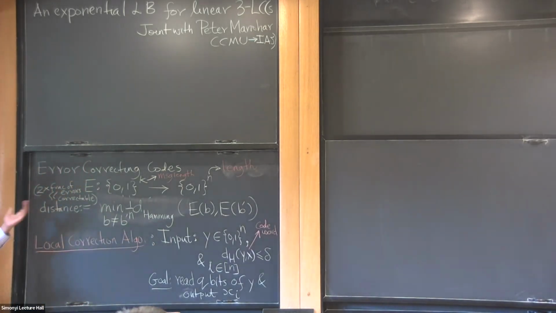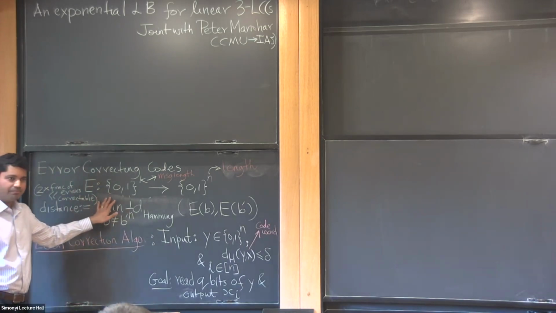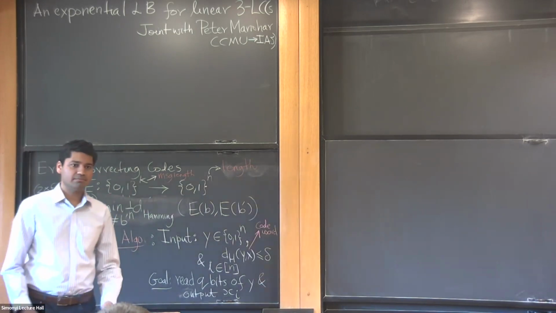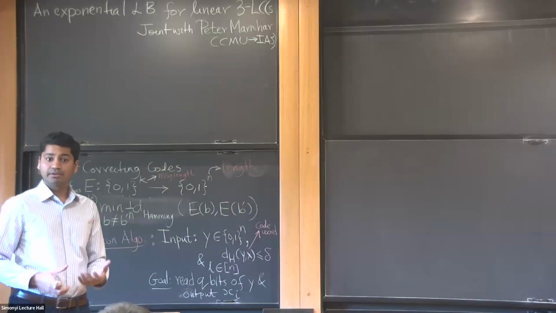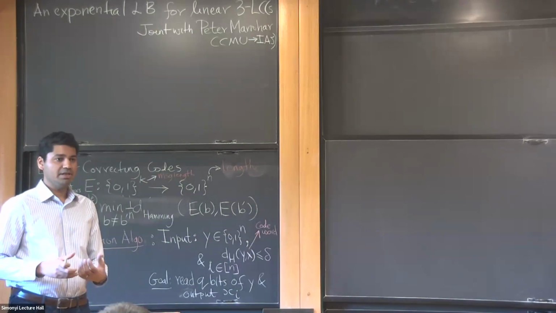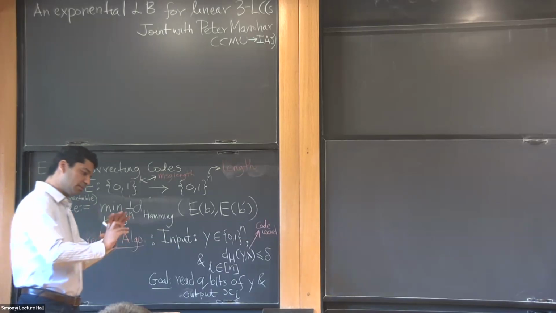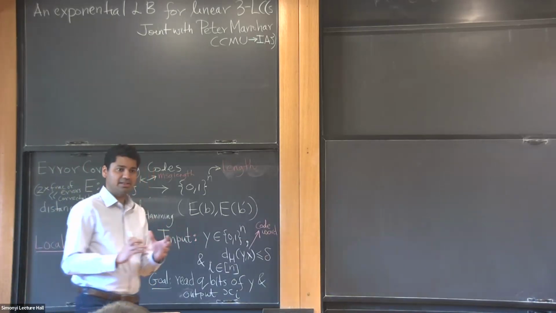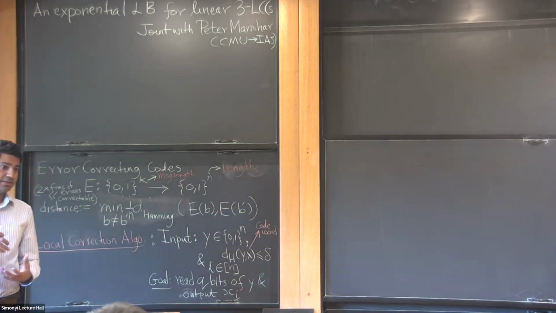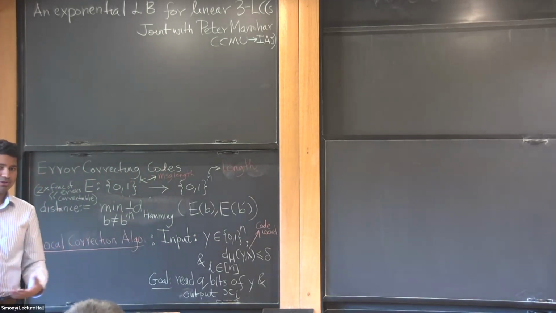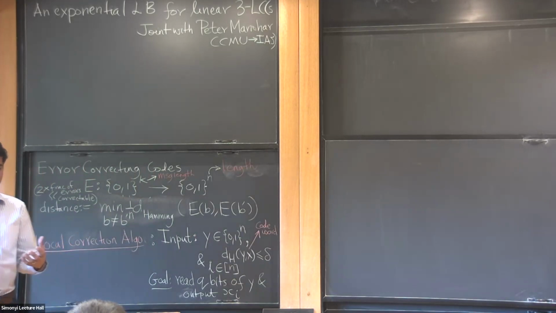So we're going to look at error correcting codes. For me today, they are simply maps that take k bits and send them into n bits, with n larger than k. It's in some sense introducing redundancy on top of your k bits, with the idea that if you think of the k bits as your message, the thing you want to actually send to someone, what you transmit instead is the code word, this padded, redundancy-added version.